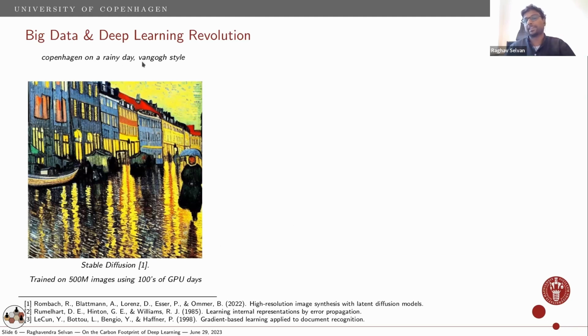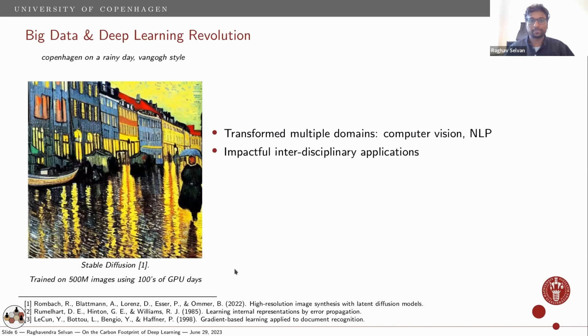Copenhagen is notoriously quite rainy, but this made it into a very beautiful picture. This model was trained using 500 million images, and it requires hundreds of GPU days. Meaning if you had a single GPU to train this model, it would take 100 days, but usually we parallelize it and we end up scaling down on resources.